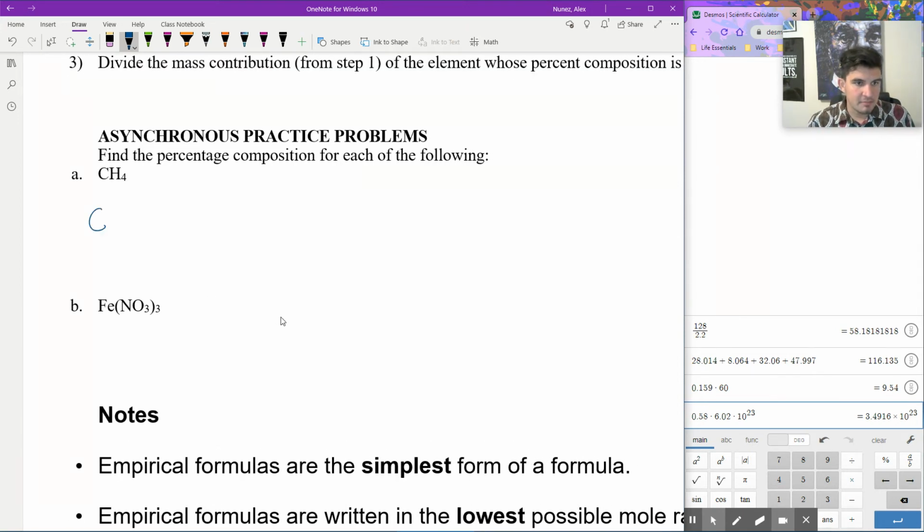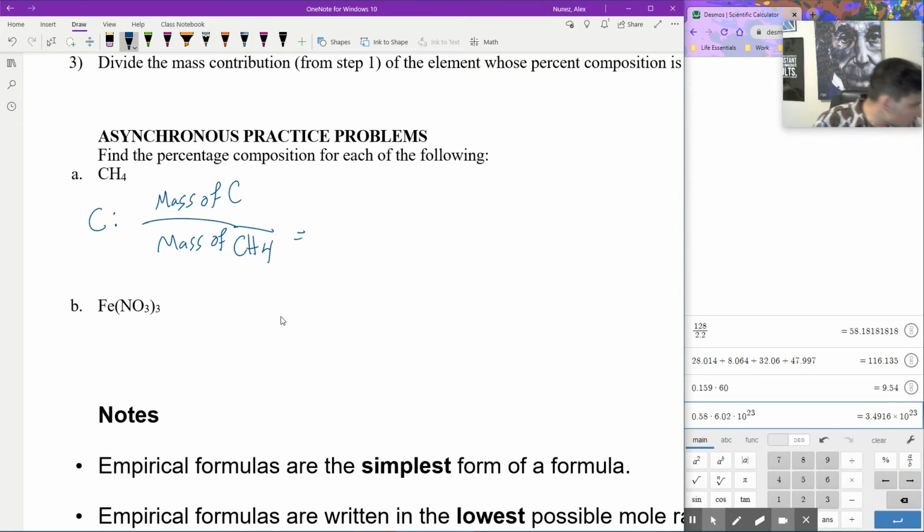So if I want to find the mass percent of carbon in this, I need to take the mass of carbon divided by the mass of the whole thing, which would be CH4. Well, the mass of carbon I can look up in my periodic table. It's about 12 grams.